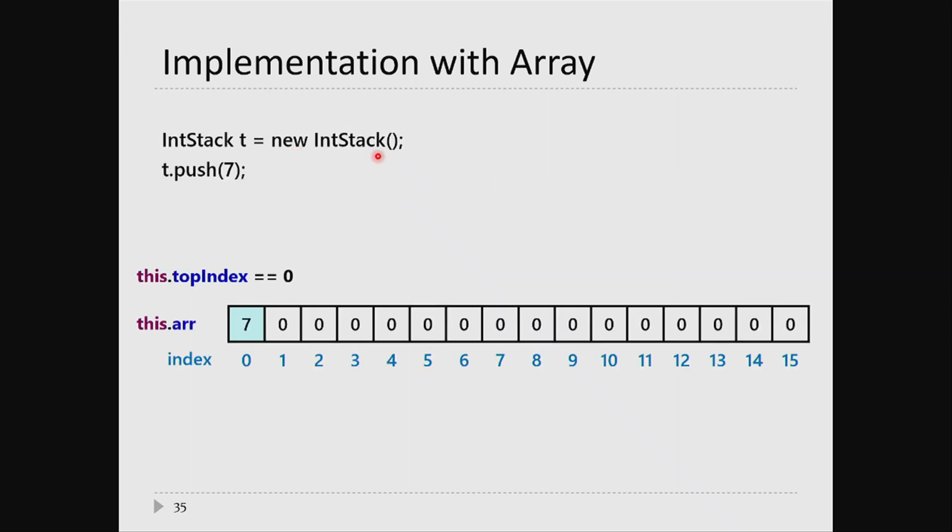Start out with an empty stack and push a 7. TopIndex becomes 0: I increment topIndex so that we go from -1 to 0, and then I set the element at index 0. Now top has the value 0, to indicate that the element is sitting at index 0 of the array.